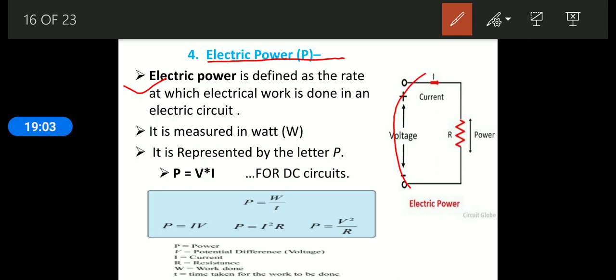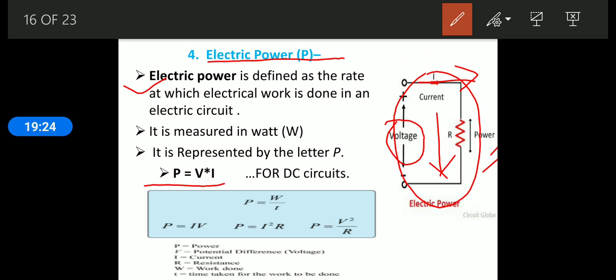That is, this is the circuit. Then voltage is applied, current is flowing through the circuit, then current is also flowing through the load, that is the resistor, and voltage times current is nothing but power. That is, the power is the product of voltage and current.